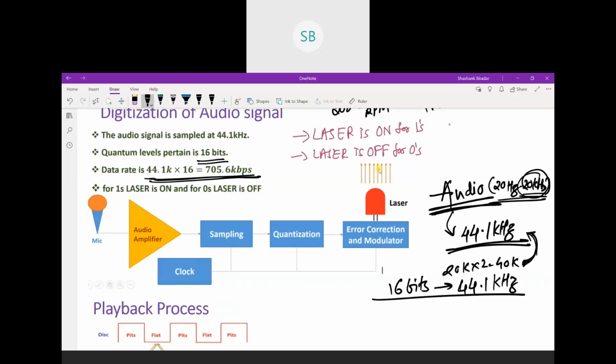So basically the diagram shows the audio signal from the mic being amplified, then sampled at 44.1 kilohertz, with 16-bit digitization.